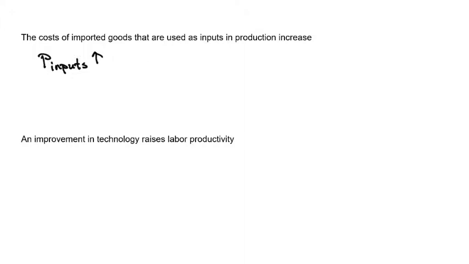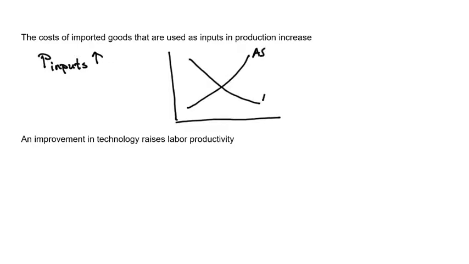And I want to show that using our ADAS model. Initially, we are at equilibrium using the initial AD and AS. In this hypothetical economy, we have real GDP on the horizontal axis and CPI on the vertical axis. Here we have the initial equilibrium.